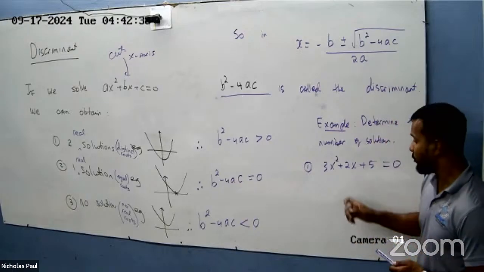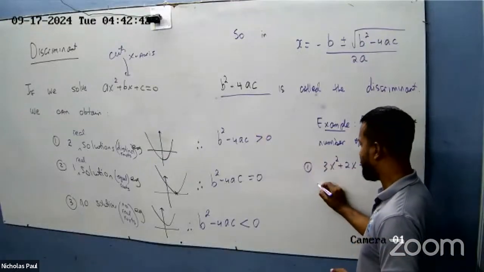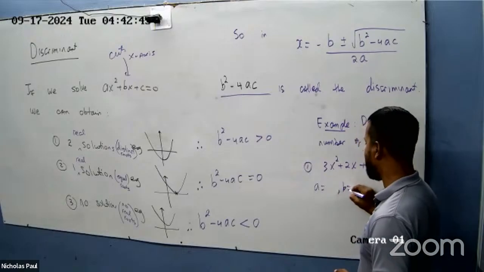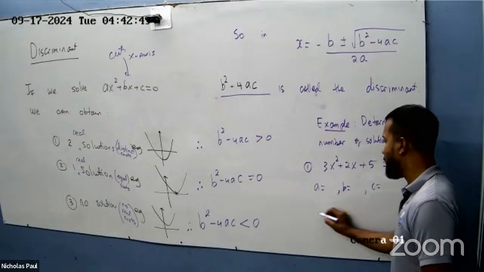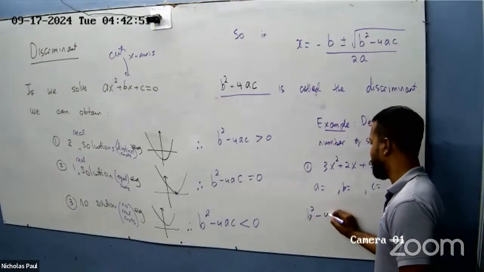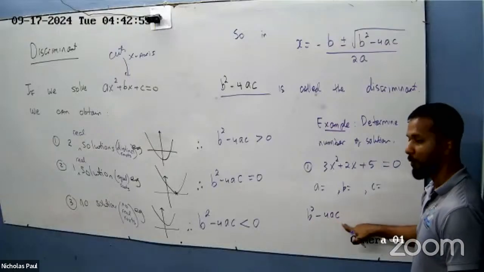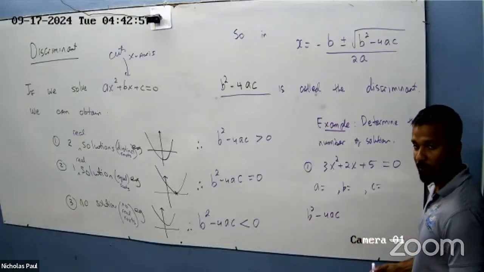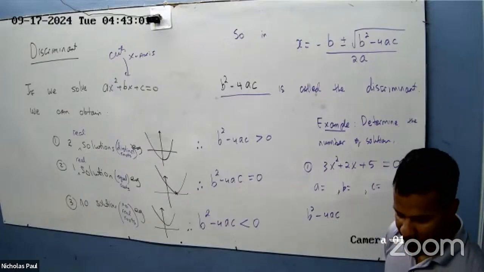Work it out. Write down A, B, and C, and then work out b squared minus 4AC.